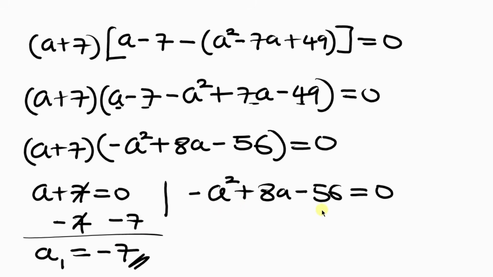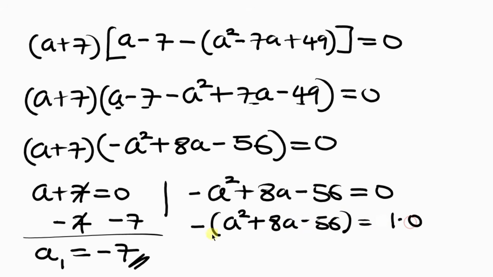Now from our second case, this is a nice quadratic equation, but we have to get rid of this negative. We do that by multiplying both sides by negative 1. We're going to have something like this. So we have negative here. Good.